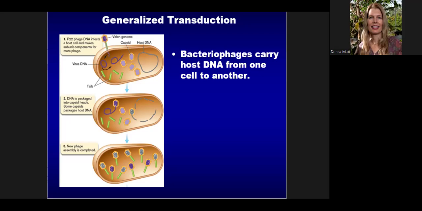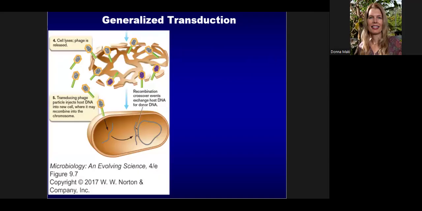So what's going to happen is after this first host dies and those viral particles get released. Now imagine a neighboring bacteria right there. And the virus that has this bacteria DNA from the first host could go to that nearby cell. So that's what they're showing here. So this first host is toast.